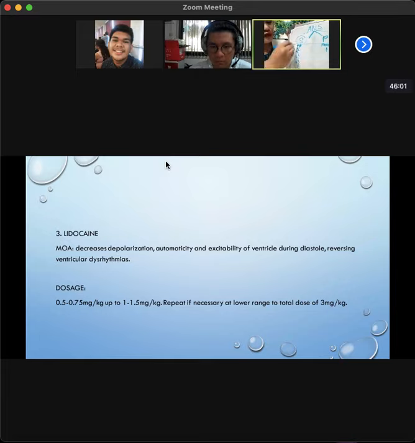So under ng sympathetic ang mga ito: alpha, beta, and dopamine. Remember that. And then for your parasympathetic, we have the receptors such as your nicotinic receptors 1 and 2 and your muscarinic 1 and 2.